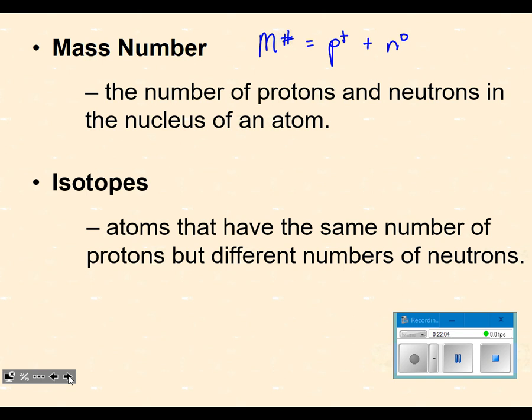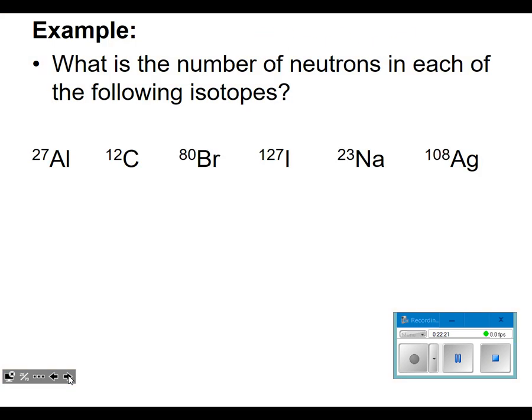They're both carbon, so they both have 6 protons, but carbon-12 has 6 neutrons and carbon-14 has 8 neutrons. The only difference between those two is their neutron value. These numbers are their mass number.